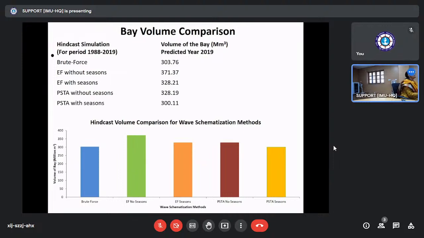Hence, potential sediment transport approach with seasons was the wave schematization method used to form the schematized wave climate data, which was used as the input in the morphological model.